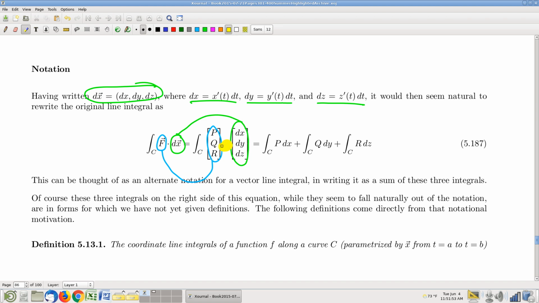That dot product then gives me, just writing this out as the notation seems to suggest, three separate integrals, p dx plus q dy plus r dz. And these are what we call coordinate line integrals. This thing here is called an x-coordinate line integral.